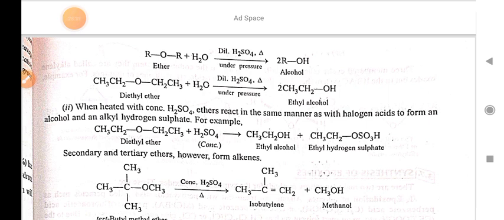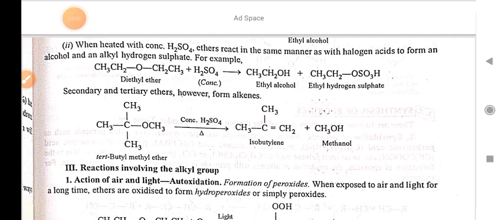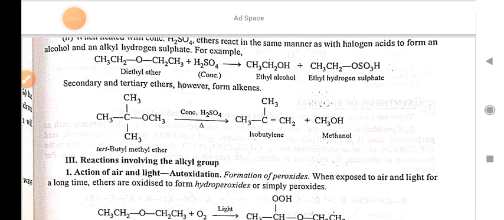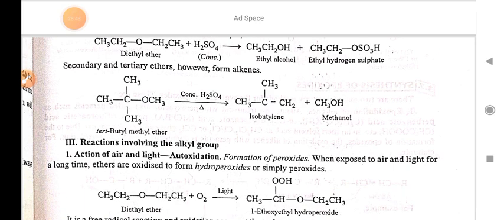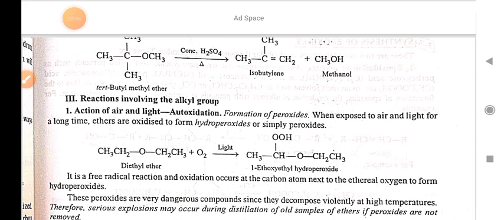When heated with concentrated H2SO4, ethers react in the same manner as with halogen acids to form an alcohol and an alkyl hydrogen sulfate. For example, diethyl ether plus concentrated sulfuric acid gives ethyl alcohol and ethyl hydrogen sulfate. Tertiary butyl methyl ether gives isobutylene plus methanol, a reaction involving the tertiary alkyl group.